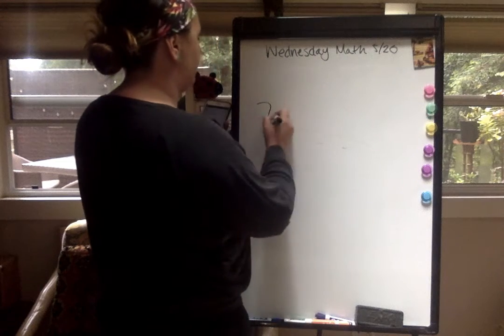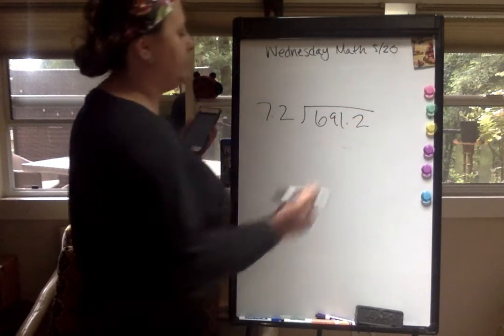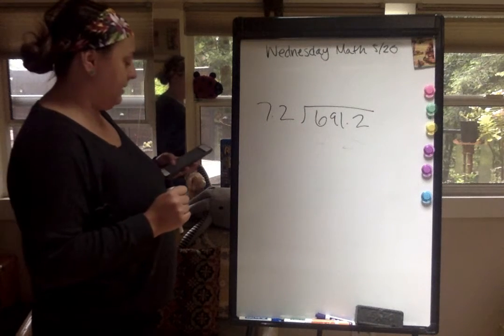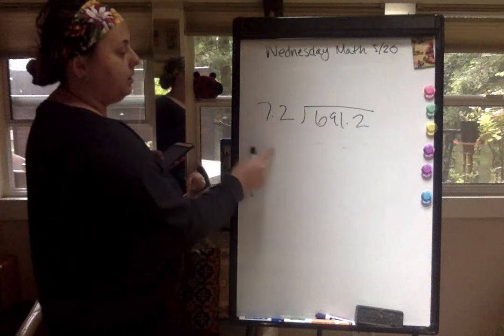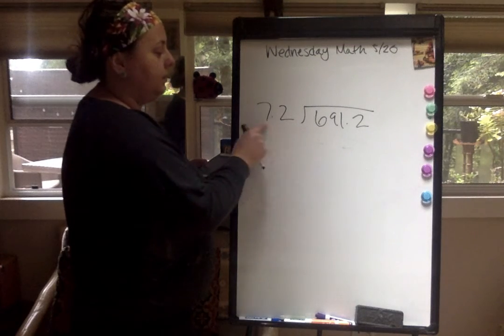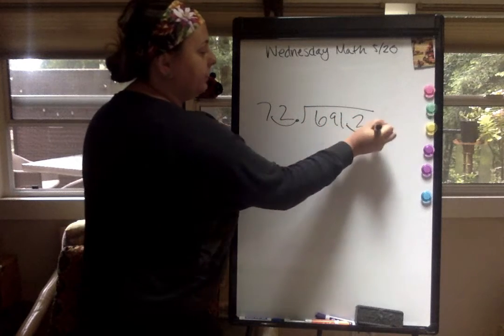All right, we've got 7.2 as our divisor and 691 and 2 tenths. Now, you know that you cannot have a decimal in your divisor. And whatever we do to the outside, we're going to do to the inside.